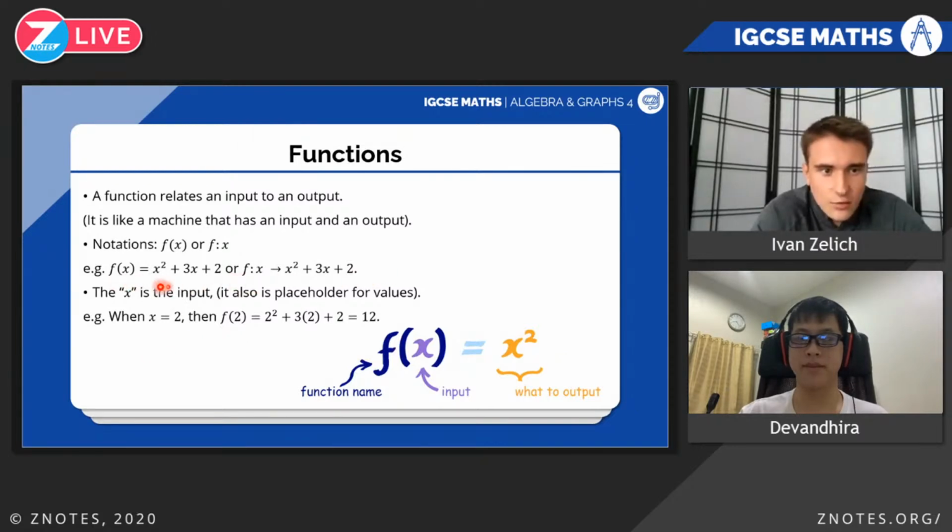One way of writing it is f of x equals x squared plus 3x plus 2. You can think about it as this input-output method: you input x, and you output this value. So if you put in 3, you get 3 squared plus 3x plus 2. The x is the input, and it's a placeholder for the values. So basically what we've just said is covered there.